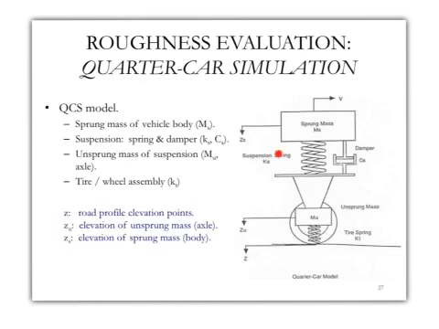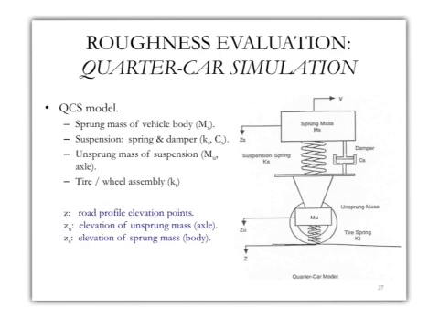The spring has the coefficient Ks and the damper has Cs. Then we have the unsprung mass, which is Mu, and then all the way to the surface where we have the tire or wheel assembly, which is the tire spring KT.